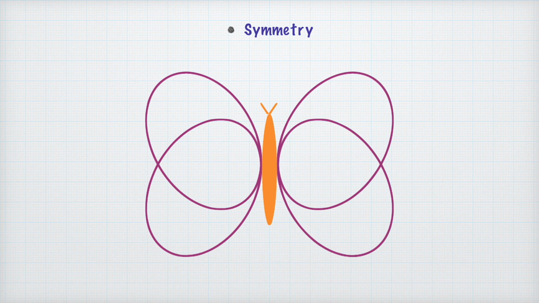Therefore, we can say that this image is symmetrical with respect to its vertical center. Graphs of a given function could be symmetrical with respect to the x-axis, or with respect to the y-axis, or with respect to the origin, or it could be symmetrical in all areas of the Cartesian plane.